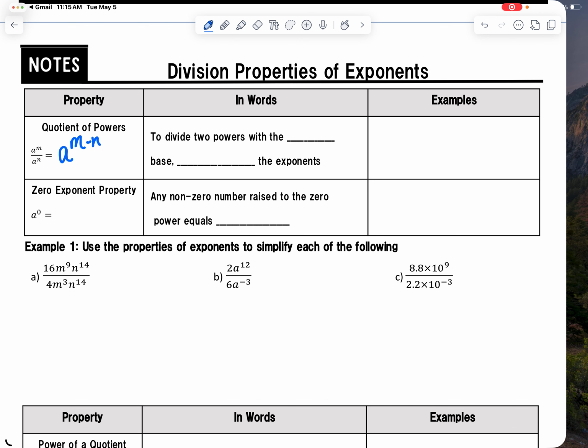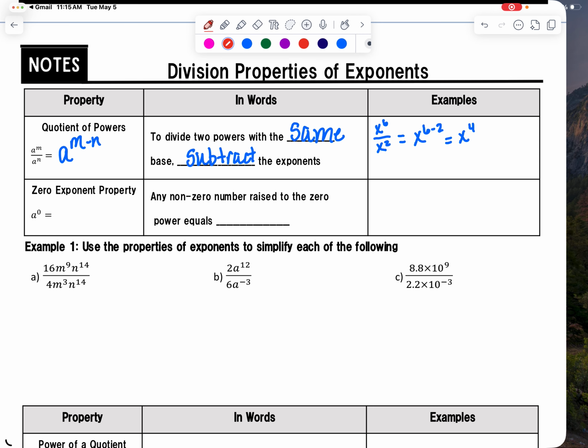Now in words, to divide two powers with the same base, that's very important, the base must be the same, simply subtract the exponents. So for example, if you had x to the 6th power divided by x to the 2 power, that would be x to the 6 minus 2 power, which is x to the 4.